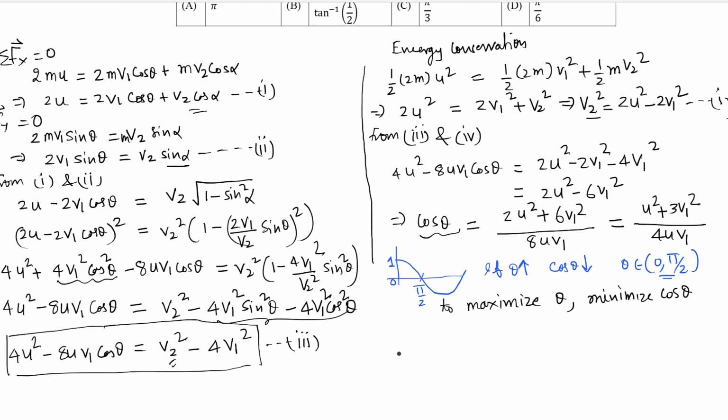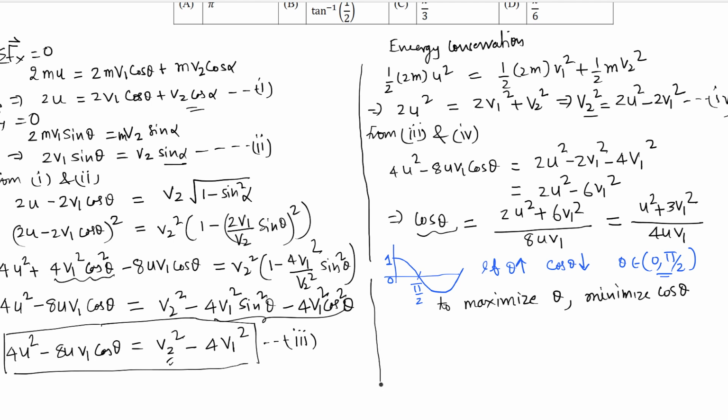We'll differentiate it with respect to v1 because u is the initial velocity. We just need to find v1 in terms of u so that we get d cos theta. So we take d cos theta, differentiate it with respect to v1, and we get minus u by 4 v1 square plus 3 by 4u, and if we put it to 0, we get v1 square as u square by 3.